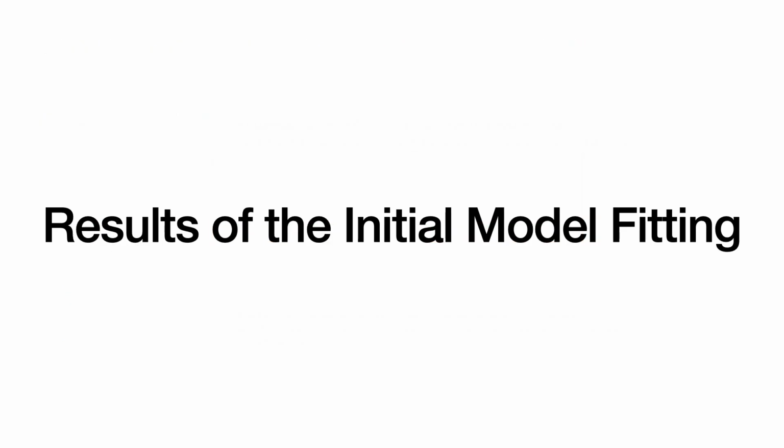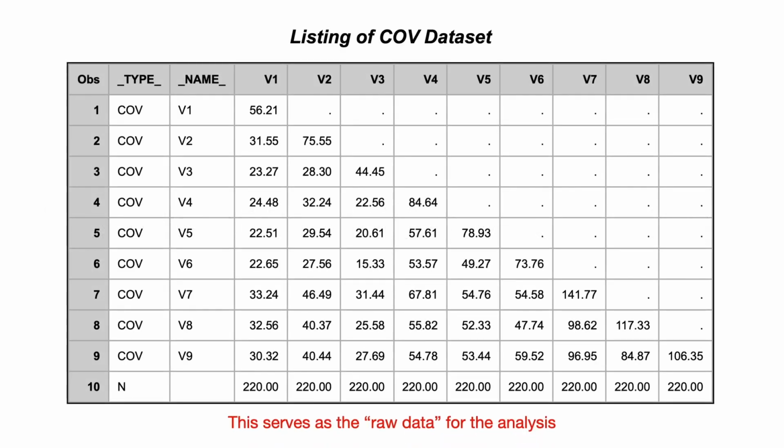So let's look at the results of this initial model fitting. Here we have a listing of the cov data set. And again, the cov data set serves as the raw data for the analysis. We don't have the original raw data on the 220 students that were collected, but we do have this sample covariance matrix along with the sample sizes, and that suffices as raw data for this analysis.